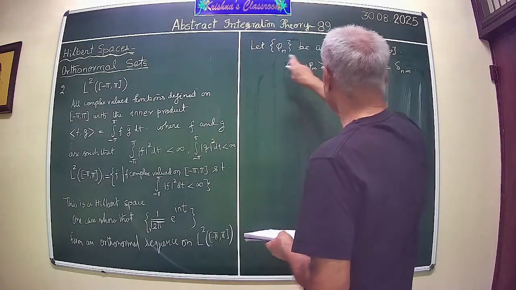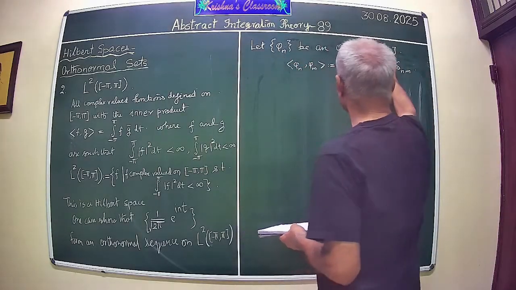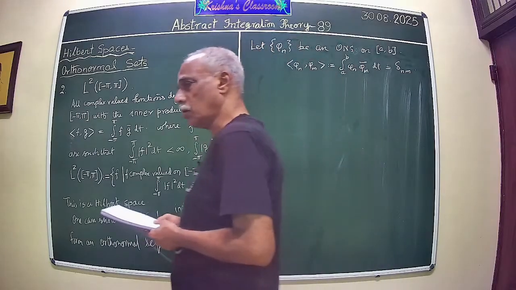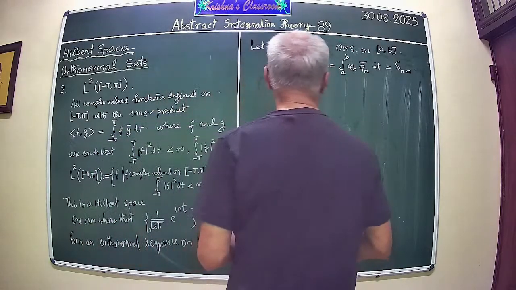So you are taking all L2 functions on the interval AB, all complex valued L2 functions on the interval AB.